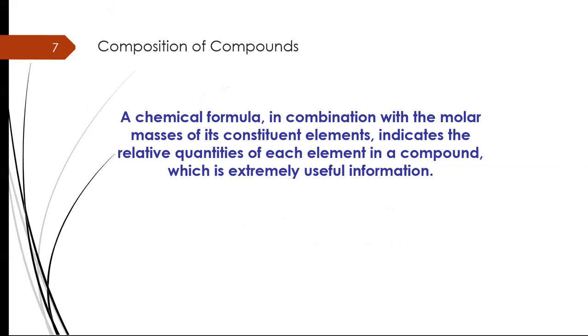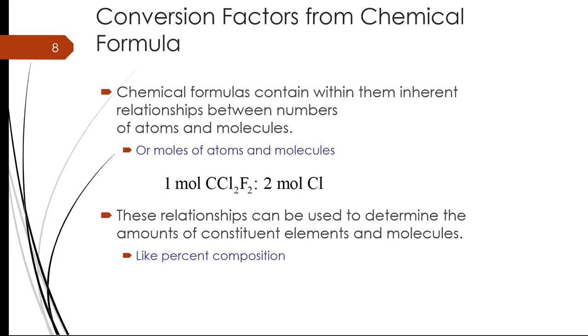Now, moving back, we're going to start to elaborate a little bit more on our chemical formulas. Now, remember, chemical formulas, we either show those up as empirical or molecular ones. A chemical formula, when we combine it with the molar masses of its elements, tells us the relative quantities of each element in the compound, which is really useful. So we can find that in a couple of different ways.